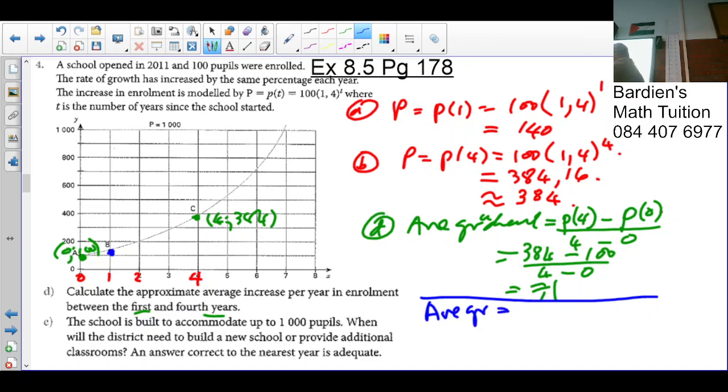So let's look at what happens here at B. B's the average gradient there. It's going to be P of 4 minus P of 1 over 4 minus 1. So P of 4 is 384 minus P of 1, which is 140, over 4 minus 1.